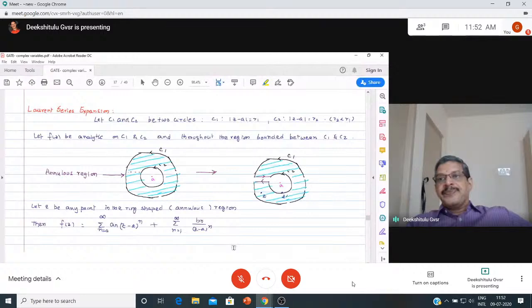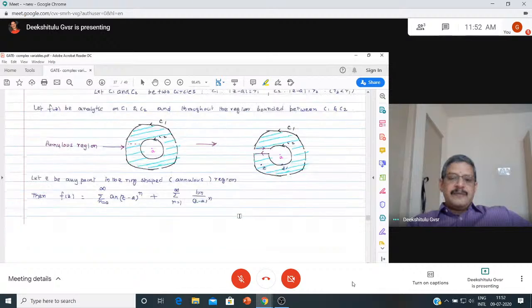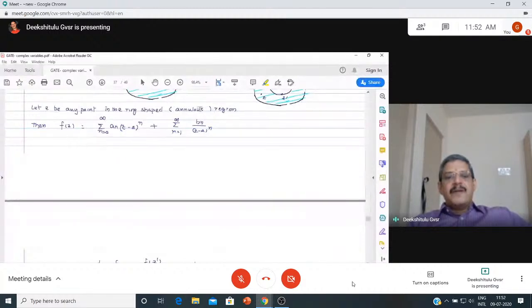So we have negative powers of z minus a. So the Laurent series expansion contains two parts: positive powers of z minus a and negative powers of z minus a. Together they contribute to the Laurent series expansion. Because this is the negative powers of z minus a, that part is called the principal part.